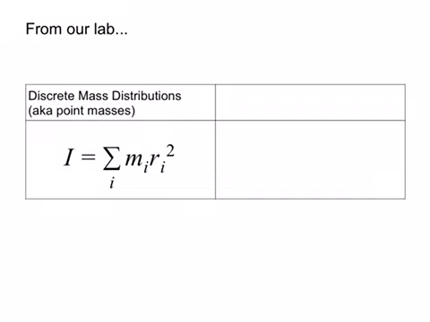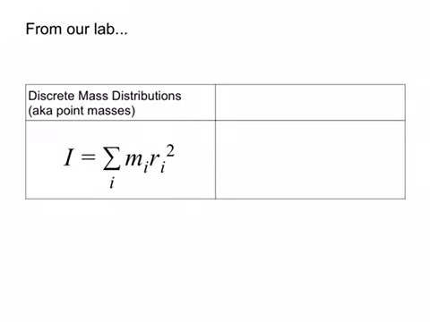It turns out that the moment of inertia for a system of masses is given by this equation here, where you have to take the sum of each mass times the square of the distance from that mass to the axis it rotates about, and you sum it over every mass in that system. This is the equation that we use for discrete mass distributions.